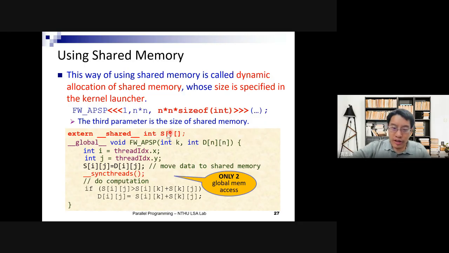So the variables you declare here are all just pointers pointing to the same memory buffer on shared memory. Again, that's because of the limitation: from the API, from the interface, you can only describe one size. So that means you can only allocate one chunk of shared memory per thread block.